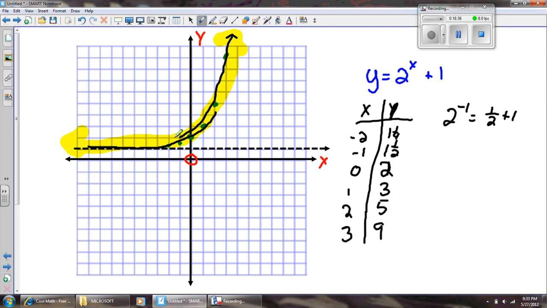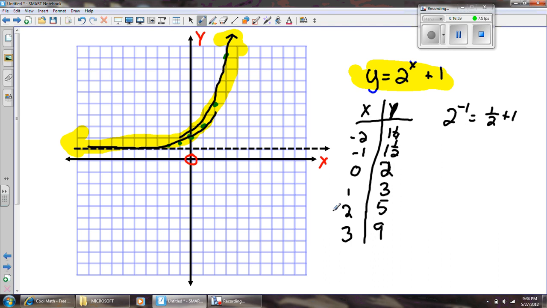How do I know that's an asymptote? Because there's no way I'm going to get a negative value out for this. If I continue to put large positives in, y is going to become a larger positive. If I continue to put negative values in for x, the 2 to the x power is going to become smaller and smaller and smaller, but always stay positive, become a smaller fraction.